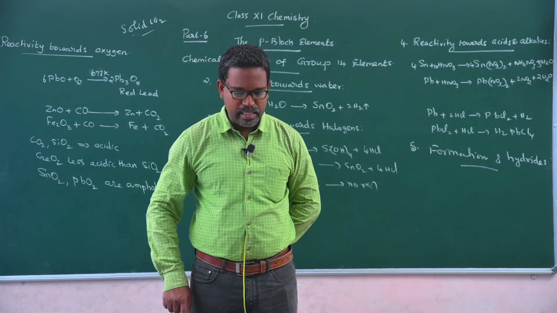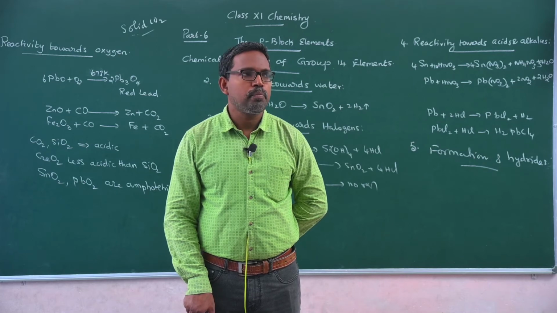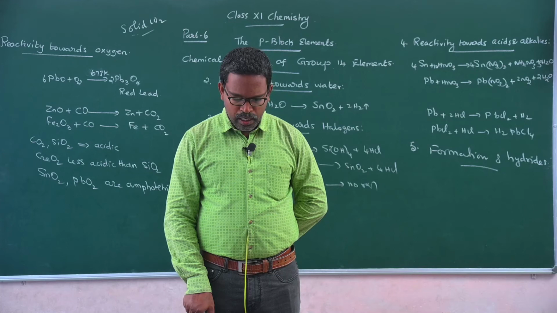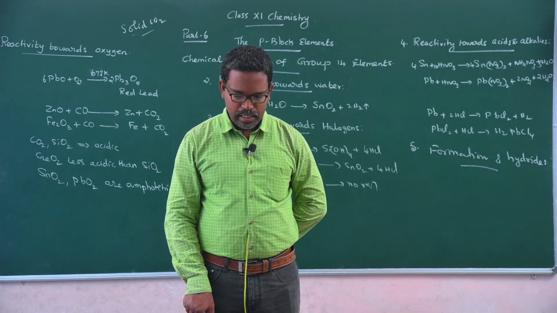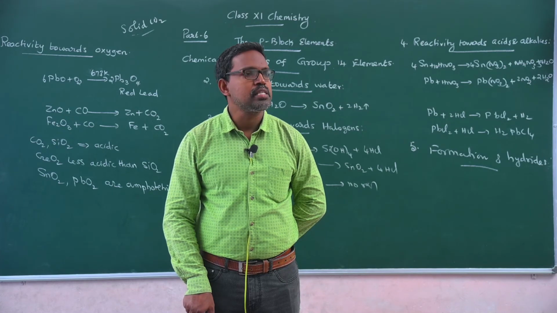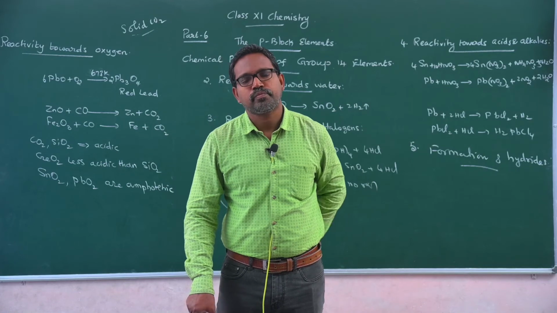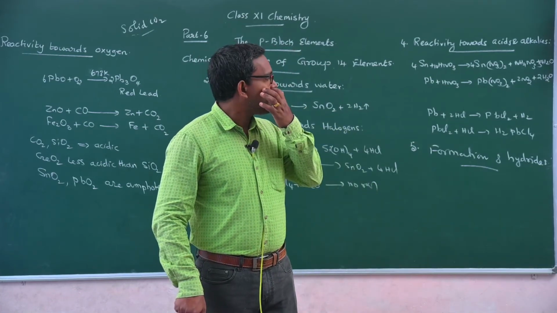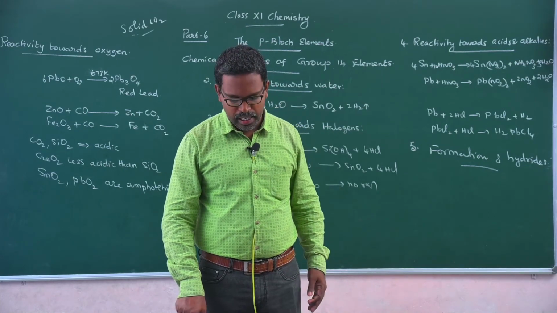All the elements of group 14 except lead tend to form hydrides of type MH4. The number of hydrides, their thermal stability and their ease of formation decrease from carbon to lead.